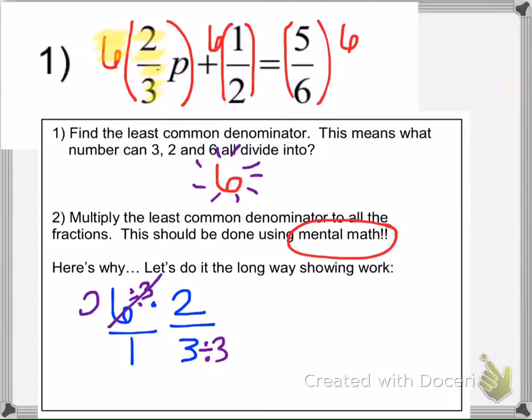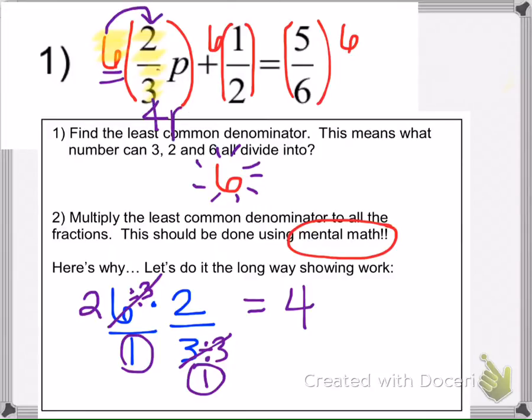So this will become a 2, and this will become a 1. Do you see how there's nothing left in the denominator but 1? That's why we picked 6, because this 3 right here will go into 6. And then we're left with 4. So when we multiply this here, we would get 4p.